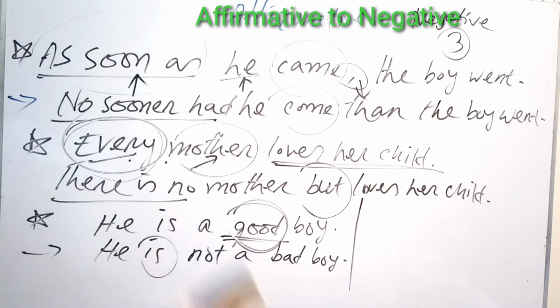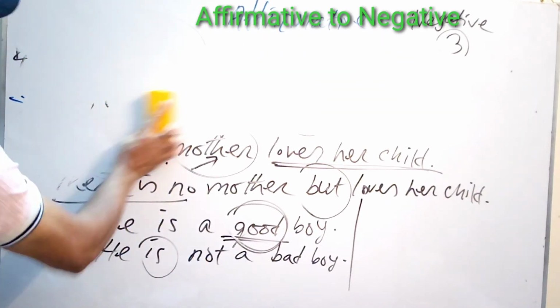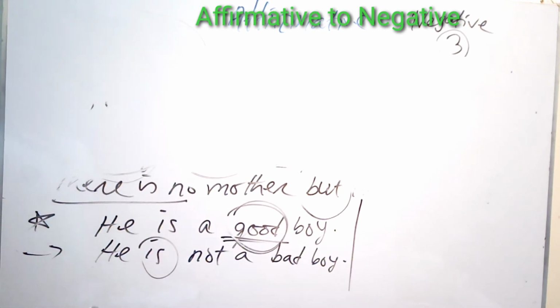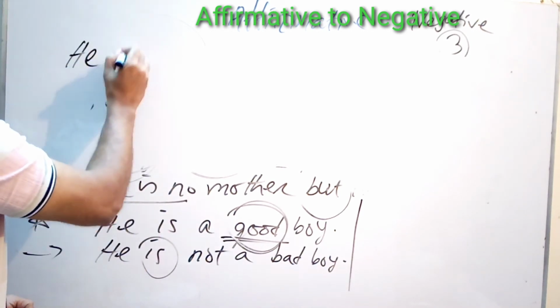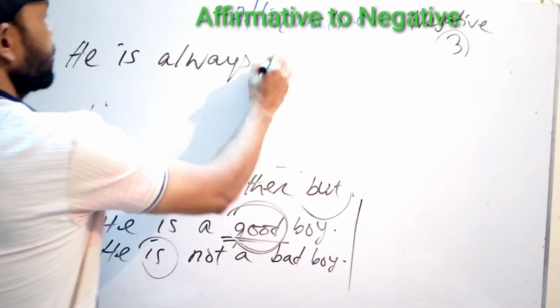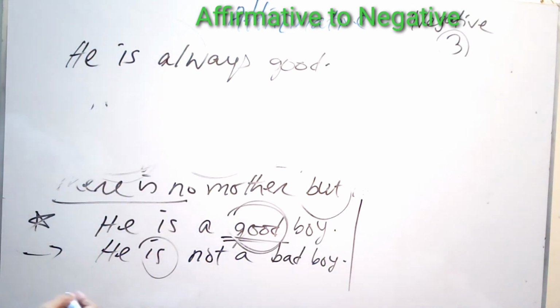But when there is this type of sentence, he is always good, then you have to make it negative in this way.